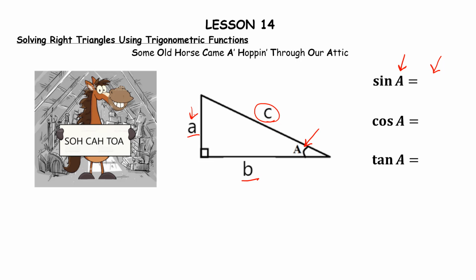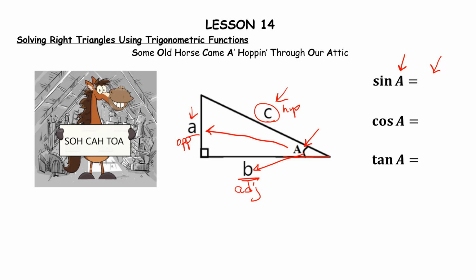Little a is the opposite side to angle A. Little b is adjacent to angle A because it's one of the sides of angle A. And then C is just the hypotenuse. So in this particular situation, B is adjacent to angle A and little a is opposite to angle A. So that's how these four things relate to each other.